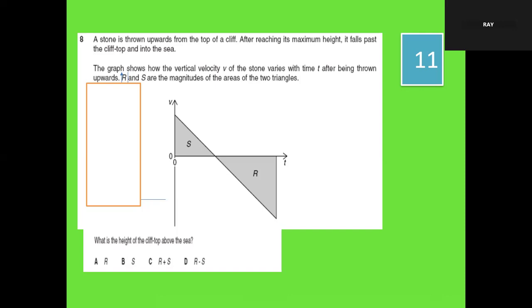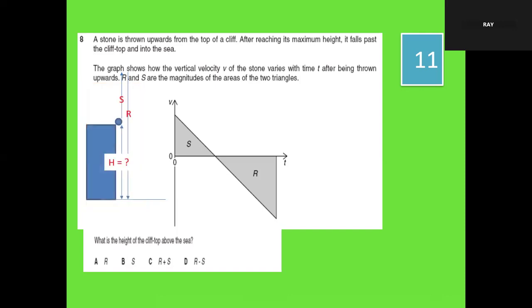R and S are the magnitudes of the areas of the two triangles. What's the height of the cliff above the sea? Isn't it just S? Answer, B.